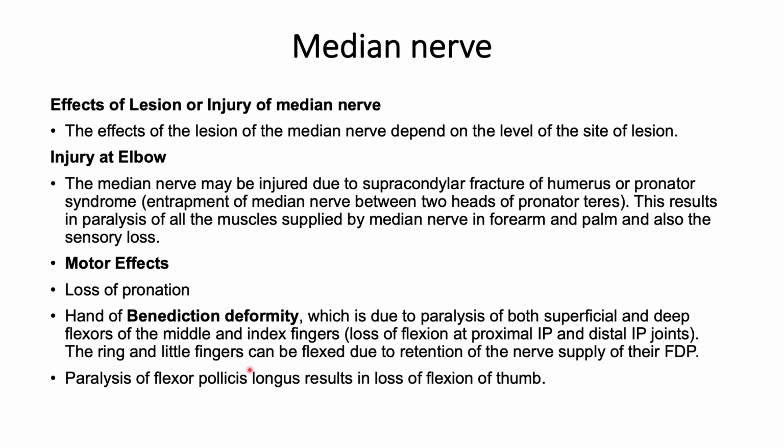That deformity is called hand of benediction deformity, which is due to the paralysis of both superficial and deep flexors of the middle and the index finger. So there is loss of flexion at the proximal interphalangeal joint and distal interphalangeal joint, and there will be paralysis of flexor pollicis longus, which also results in loss of flexion of the thumb.